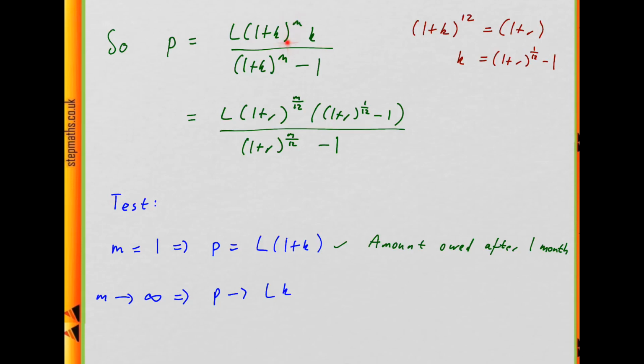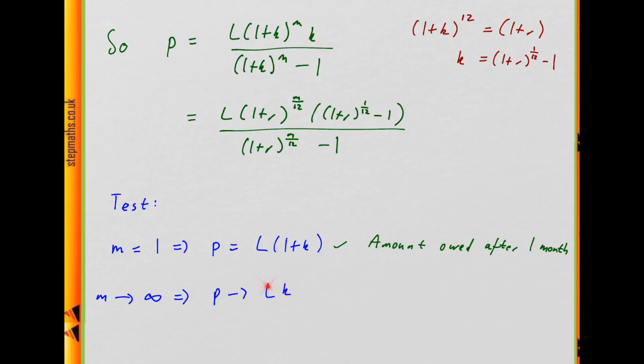So imagine we make m very big, so I've written that as send m to infinity. Then the ratio of 1 plus k to the m and 1 plus k to the m minus 1 tends to 1, and that means p tends to just L times k, which is on the top.